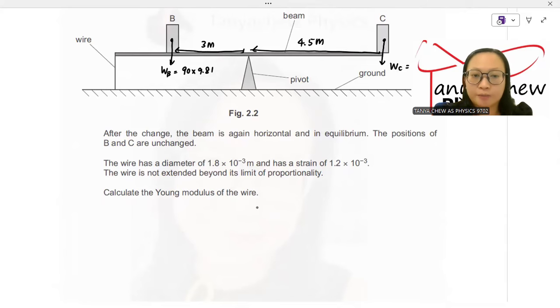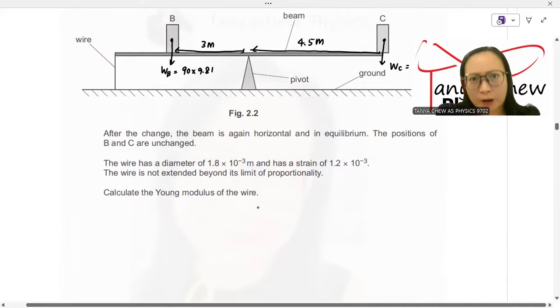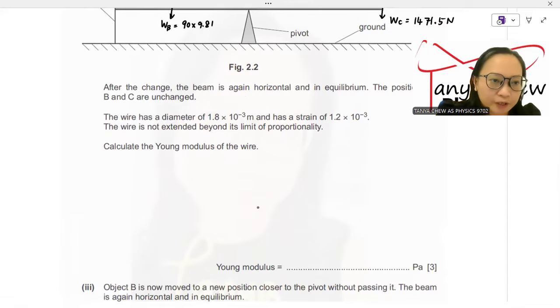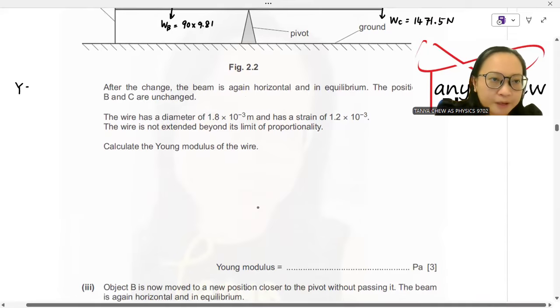The wire has a diameter of 1.8 times 10 to the power negative 3 and has a strain of 1.2 times 10 to the power negative 3. The wire is not extended beyond its limit of proportionality, so that means the wire obeys Hooke's law. Calculate the Young modulus of the wire. You should remember Young modulus is defined as stress divided by strain.